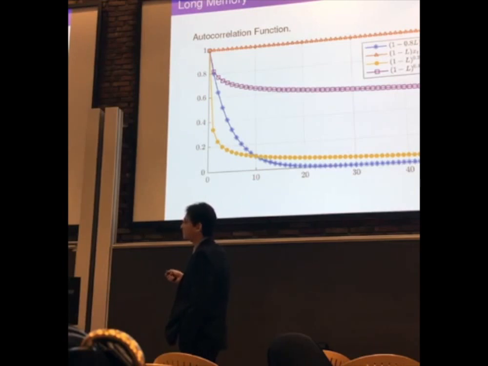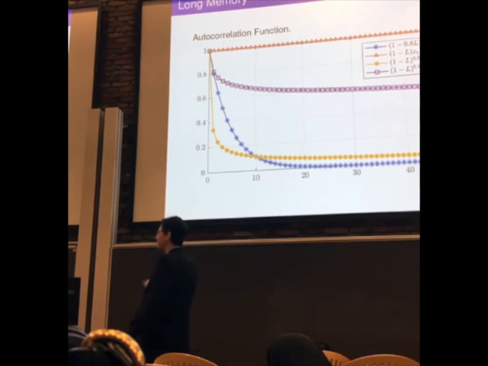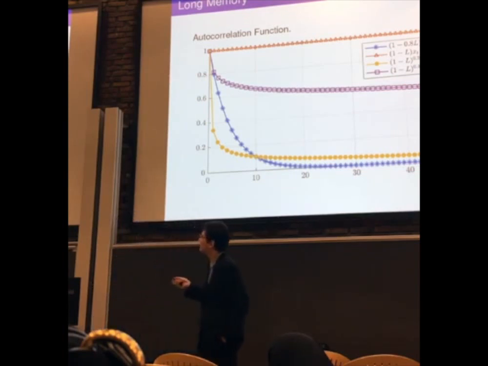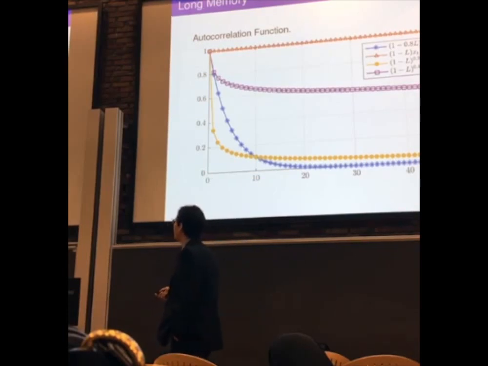It's not like the unit-root process, but it goes lower than what would be the case for the I(0). Even after 50 periods, we are still not quite at zero. We are going there, but we are not yet there. We are going slowly. That's what we mean by hyperbolic decay. So that's the idea: we are going to study these kinds of processes that go to zero in a slow way.